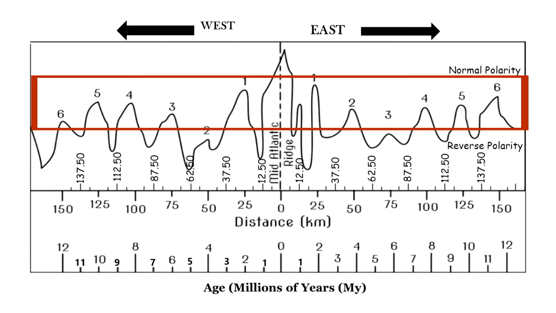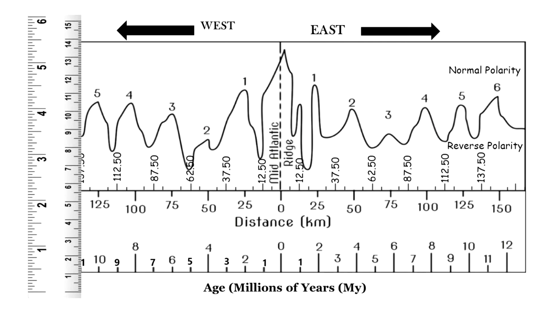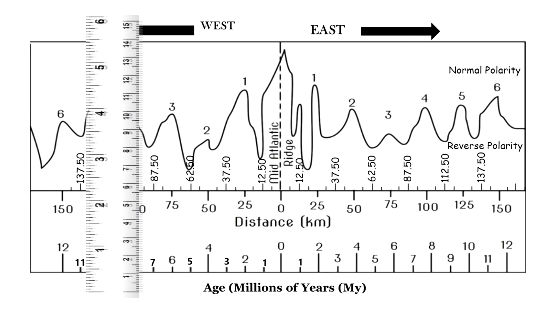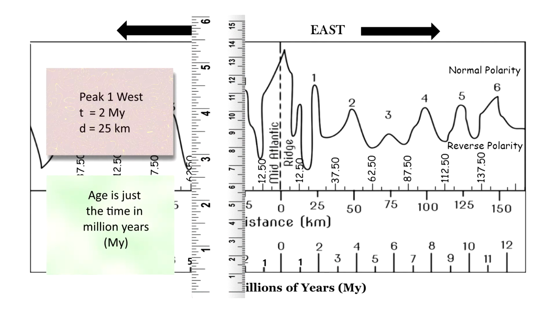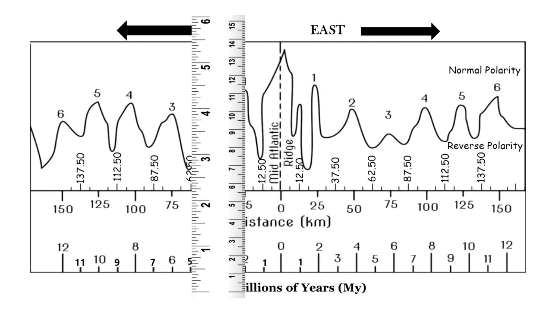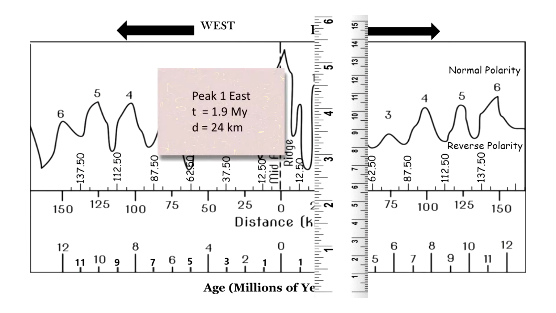Place the long edge of the ruler vertically on the graph. Then slide the ruler so that it lines up with the center of peak 1 west of the Mid-Atlantic Ridge. Determine and record the distance in inches that lines up with the center of peak 1 west. Repeat this process for peak 1 east of the ridge.